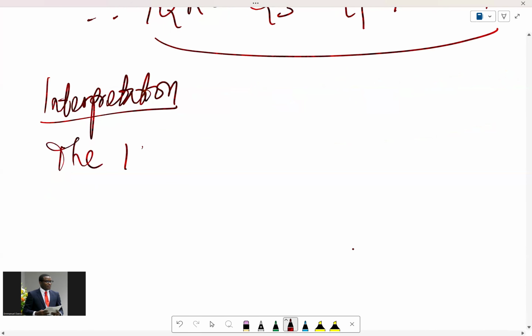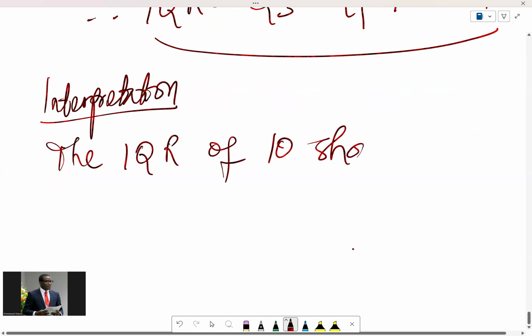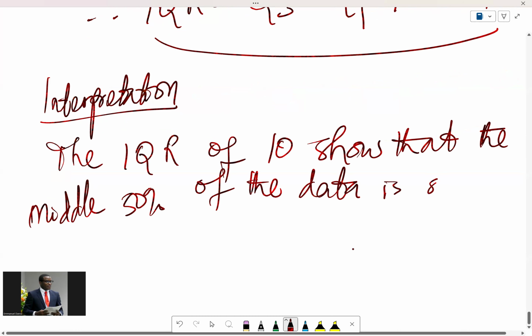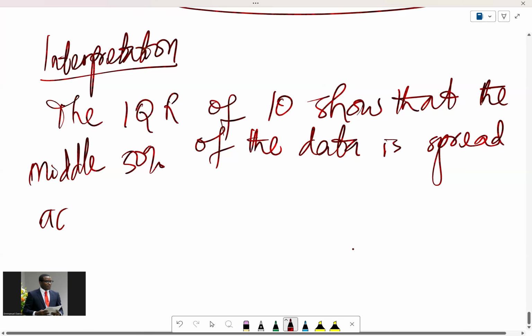The interquartile range of 10 shows that the middle 50% of the data is spread across 10 units.